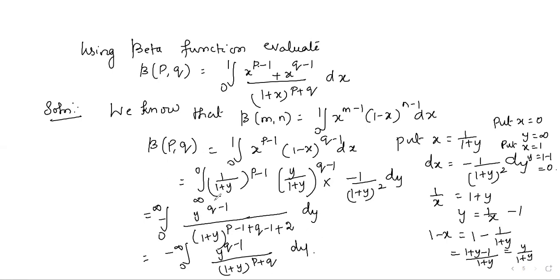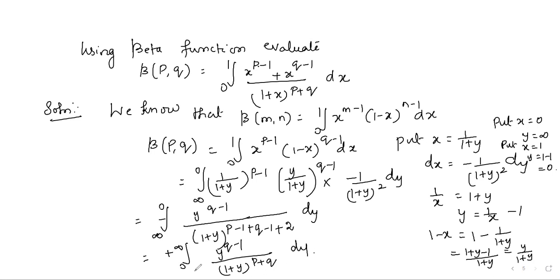Actually it is infinity to 0, so in this step also I can have it as infinity to 0. In the next step I can show you how it is going to change. So this is equal to infinity to 0. When I interchange the limits, I have to change the sign also.